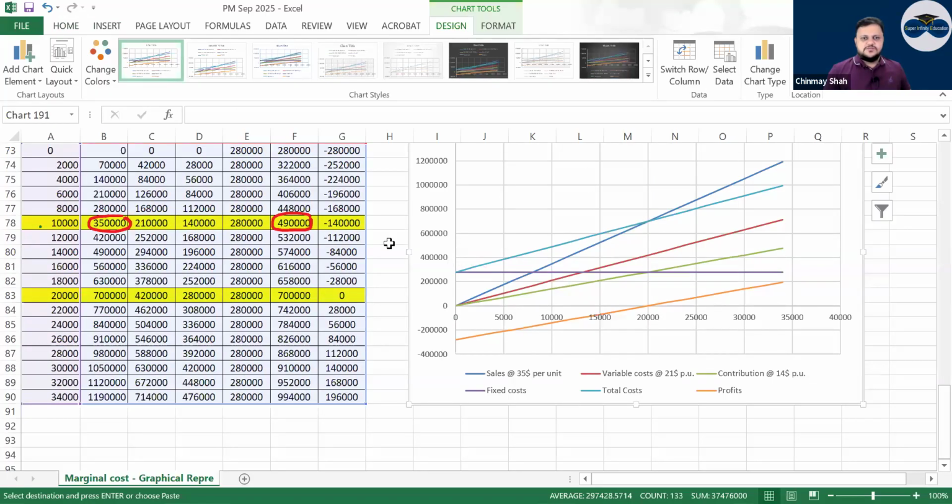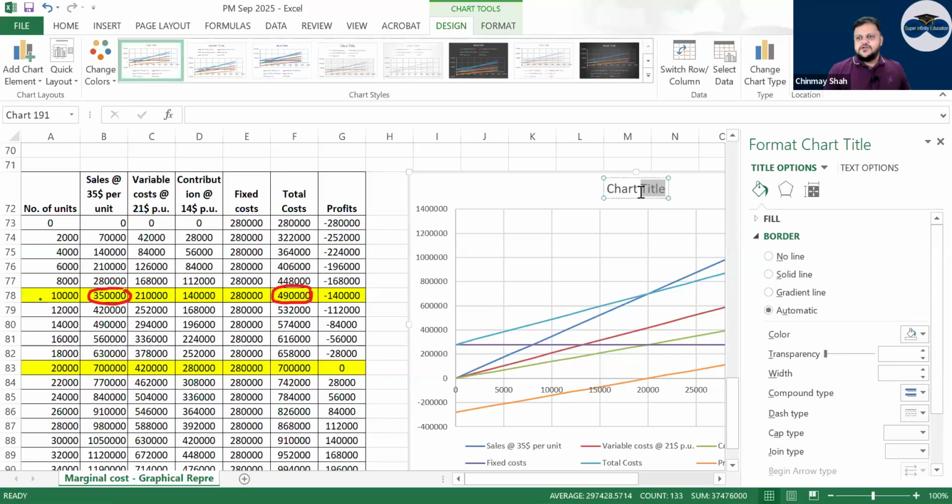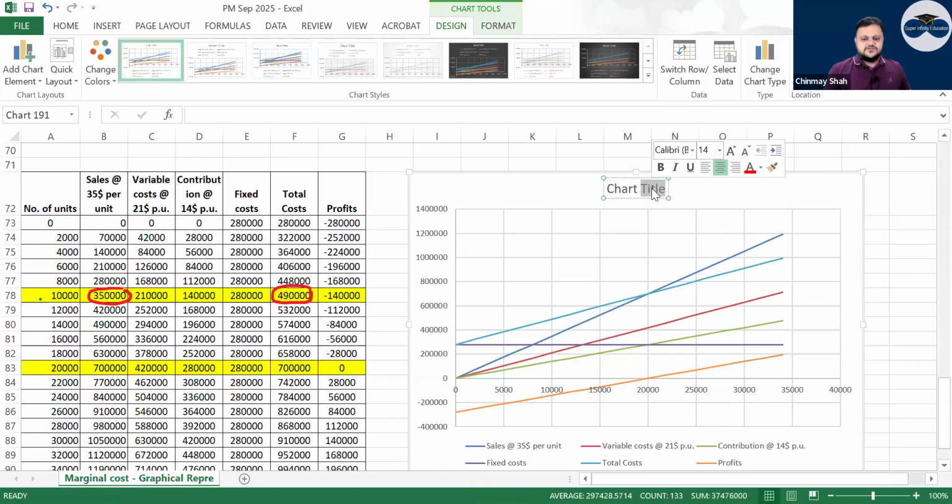Now first we'll do variable cost and total cost. How do they coincide? What is the analysis? Write down the chart title: variable cost and total cost.